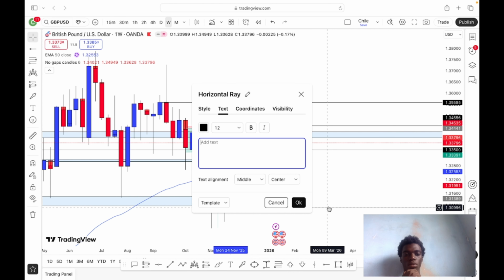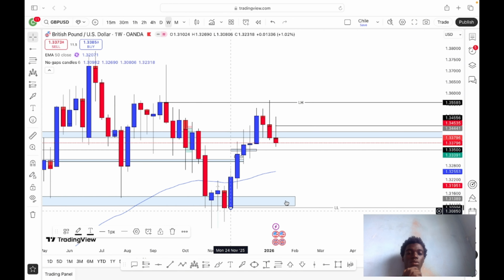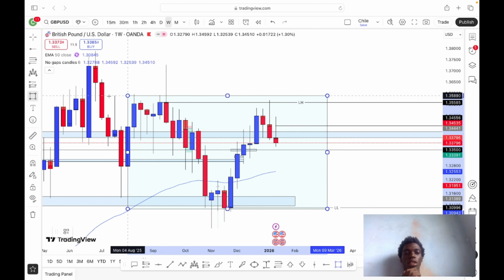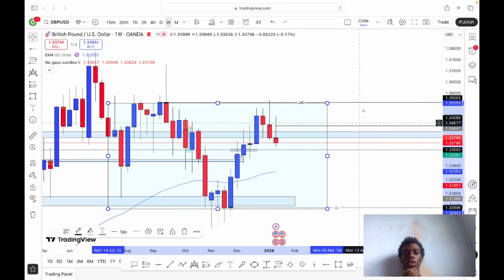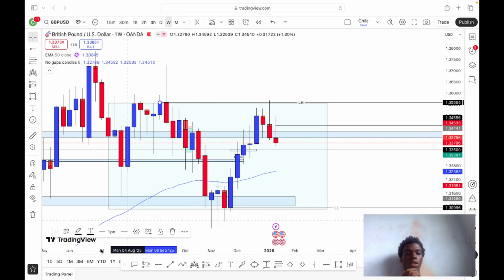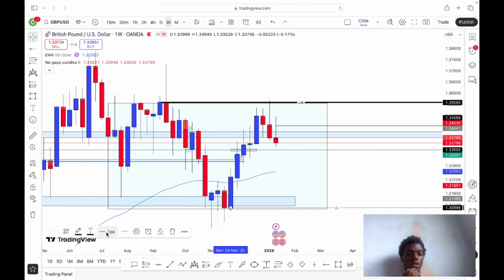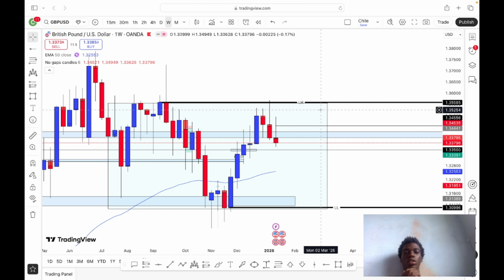So we're looking for our area of interest in between this level, between the lower high and lower low. This is the level where we're looking for area of interest.